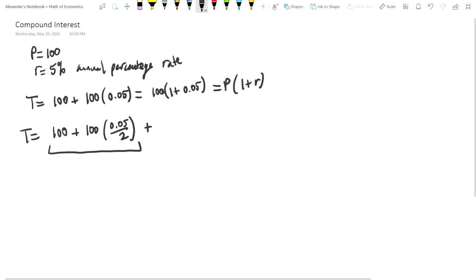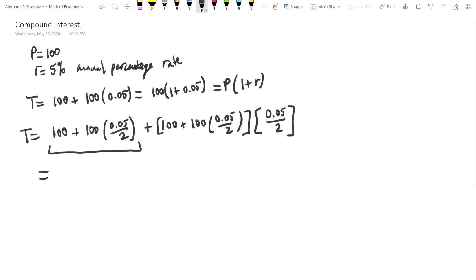now our new total. So this is 100 plus 100 times 0.05 over 2, and now multiplied by half interest. This is going to be 0.05 over 2. Okay, let's simplify this a little bit.